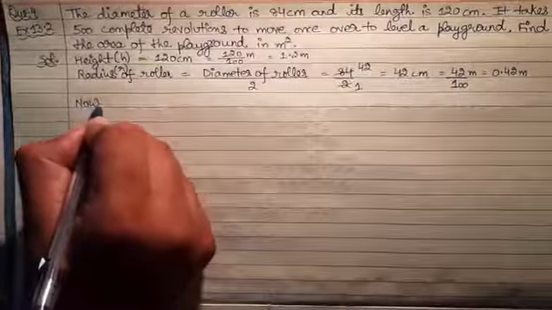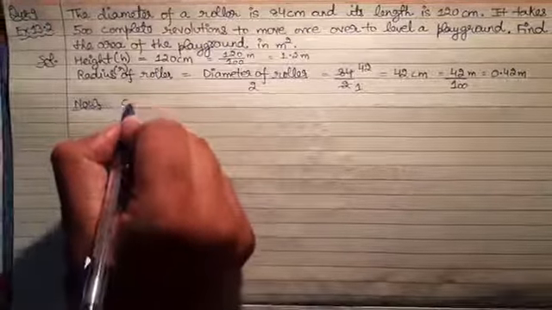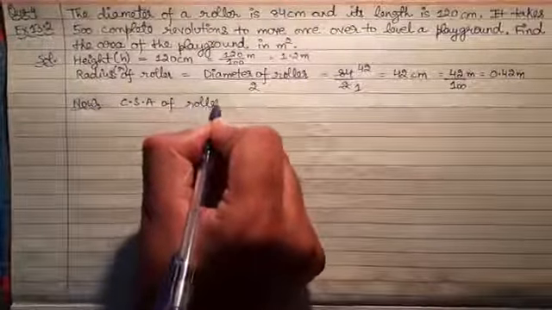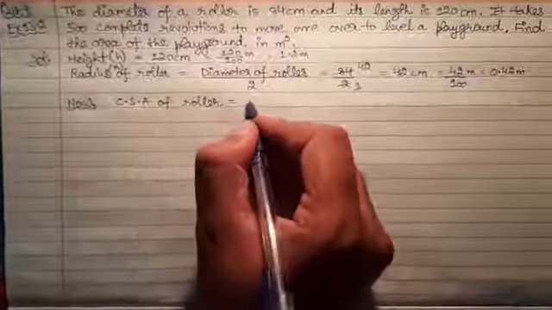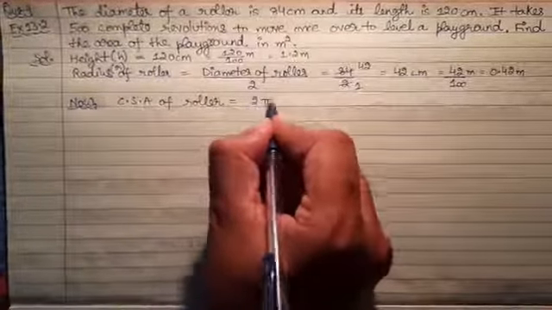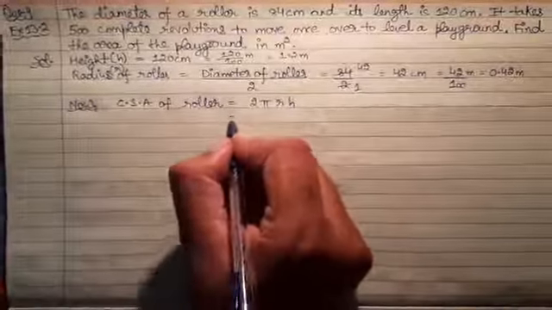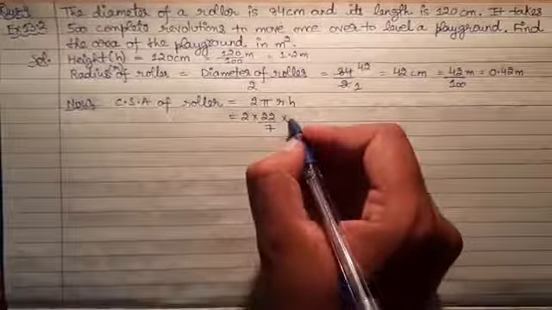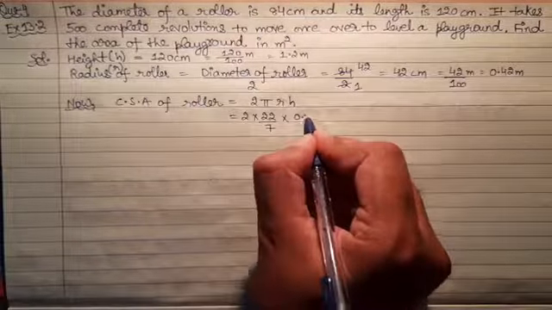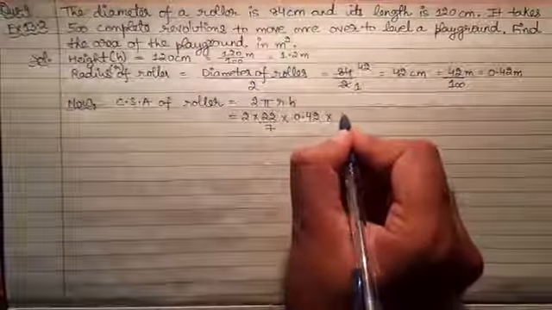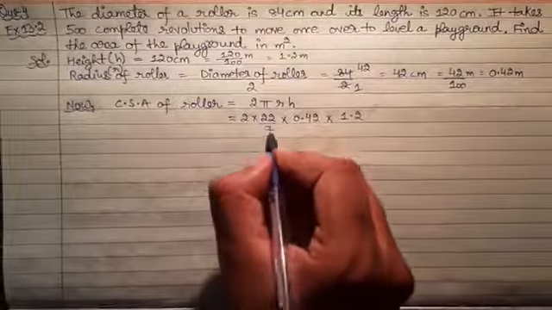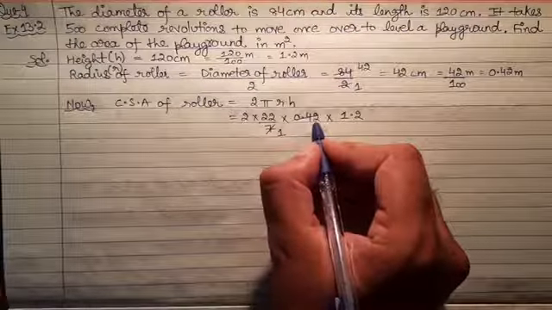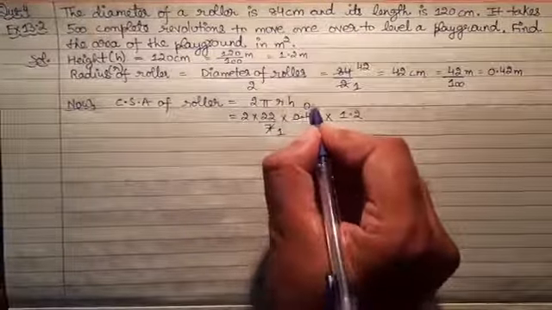Now, we have to find curved surface area of roller, which is equal to 2 pi r h. 2 multiply 22 by 7, value of the pi, multiply radius is 0.42, multiply height is 1.2. 7 1 is 7, and when we cut 0.42 with 7, we get 0.6.